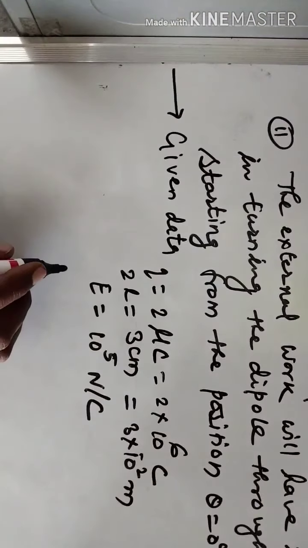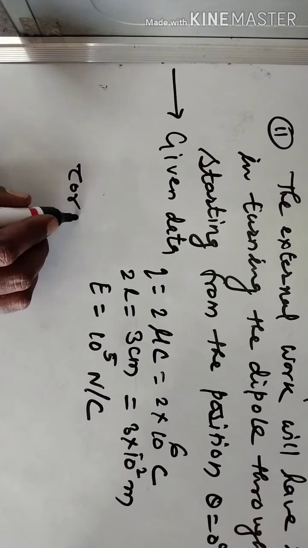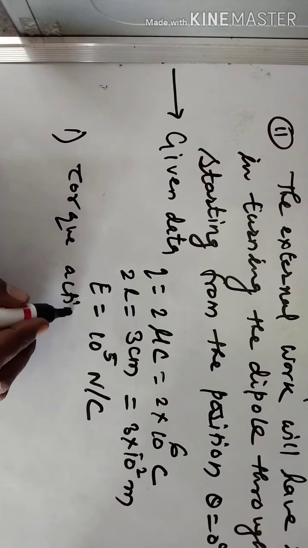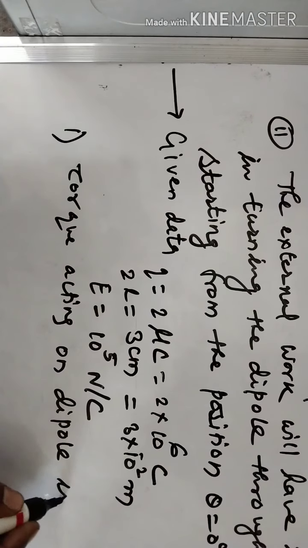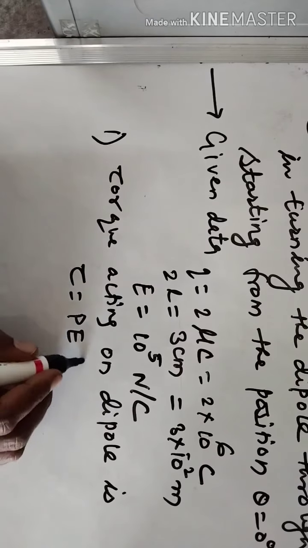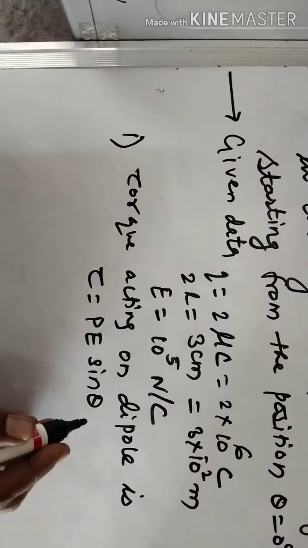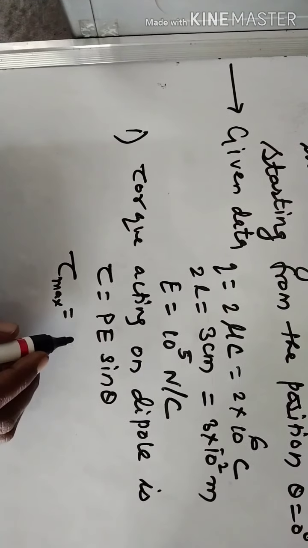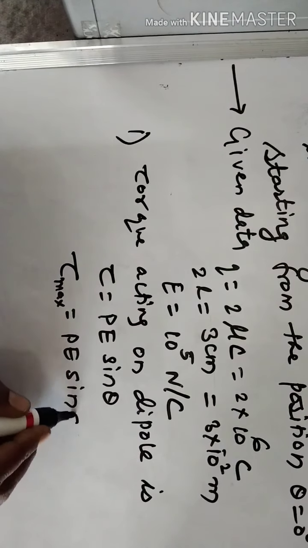So what is the general formula of torque? Torque acting on dipole is tau equal to, writing in magnitude form, PE sin of theta. Here the maximum torque, tau max, will be obtained when theta is equal to 90 degree.